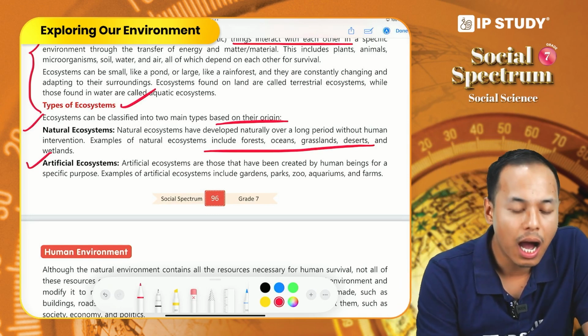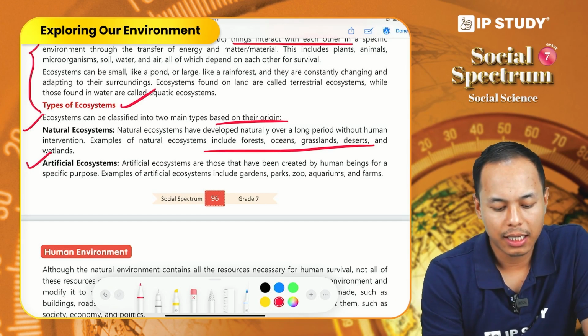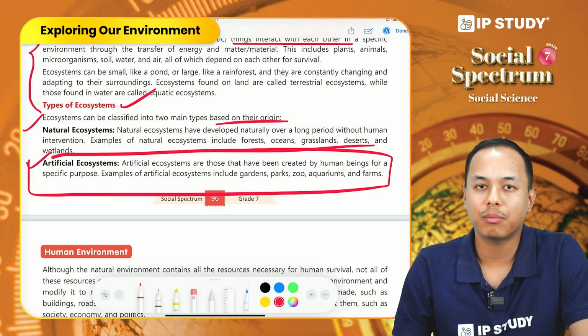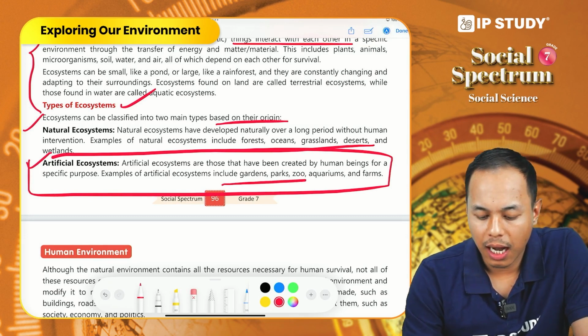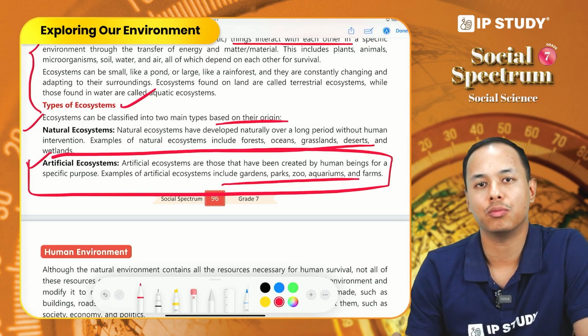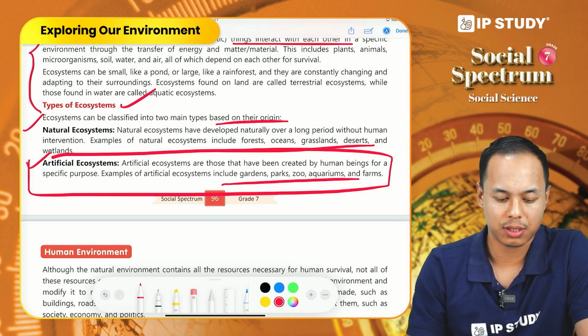On the other hand, artificial ecosystems have been formed or created by humans for a specific purpose. It can be gardens, zoo, parks, aquariums, farms. So these are all created by humans. So these are artificial ecosystems.